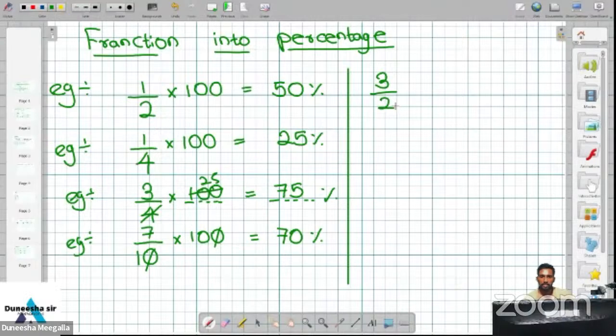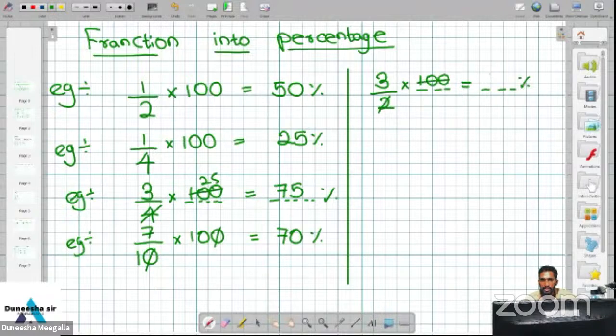What is this fraction? How do we read this? This is an improper fraction, 3 over 2. Can you represent it as a percentage? 150%. Yes, 150.